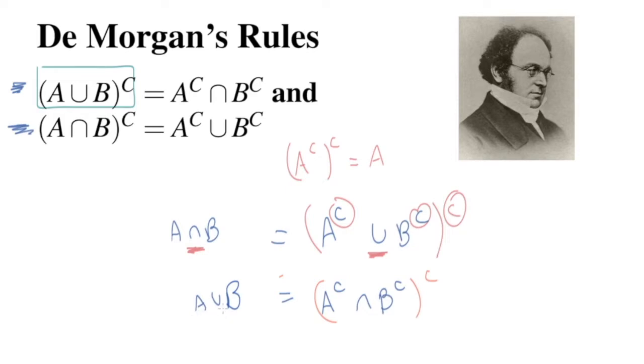So the union of A and B can be defined as the complement of the intersection of the complements. Okay, so why is this important? Because it means that we can define the union operator in terms of the complement operator and the intersection operator.